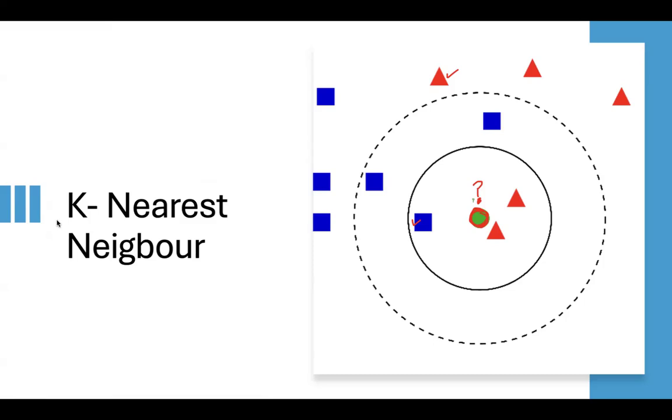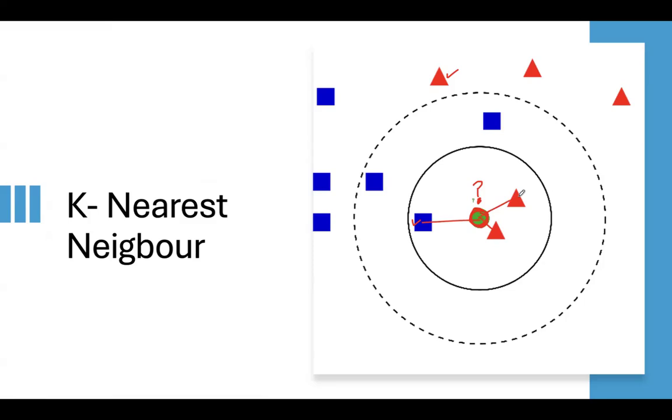So let's suppose I choose 3. Then I look at the closest 3 points to the circle and decide what the majority is there. In the closest 3 points, 1 is a square and 2 are triangles.